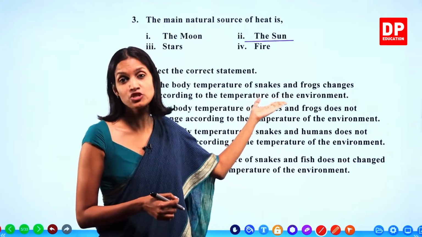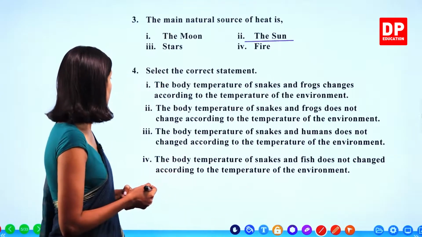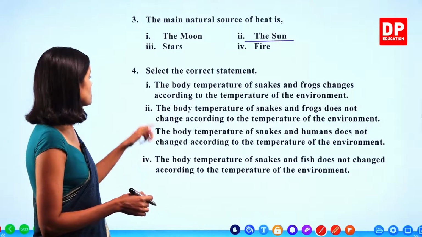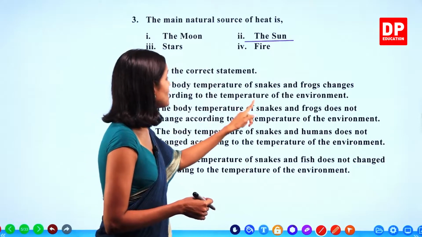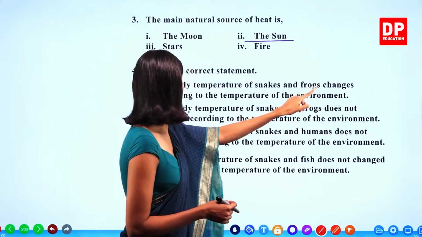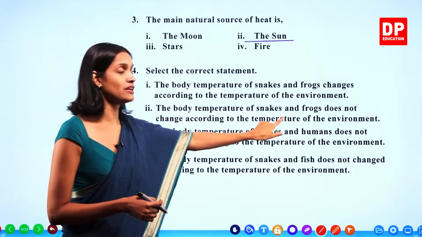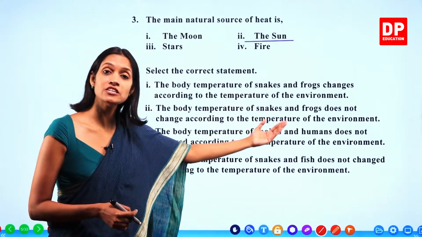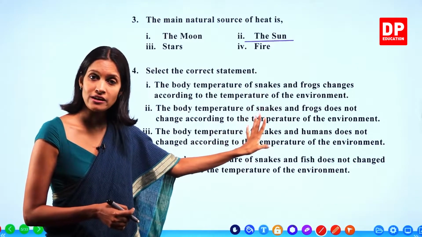This statement is true. Right? This is correct. But we are going to read the other statements as well. The body temperature of snakes and frogs does not change according to the temperature. That's wrong. Only warm-blooded animals' body temperature does not change according to the environmental temperature.